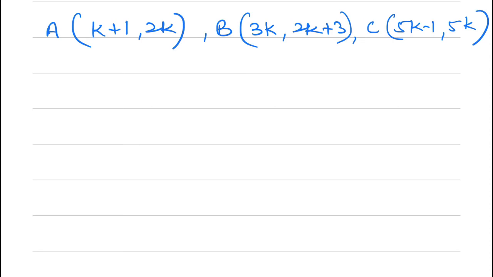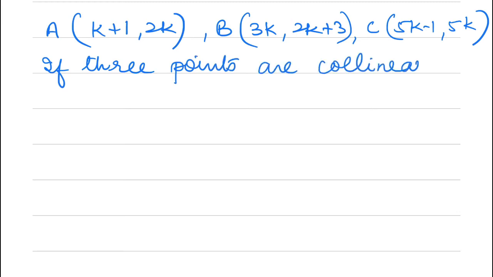So we know if the 3 points are collinear, we have area of triangle is equal to 0.